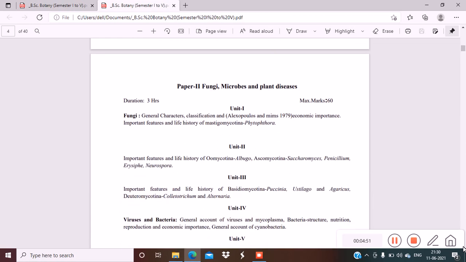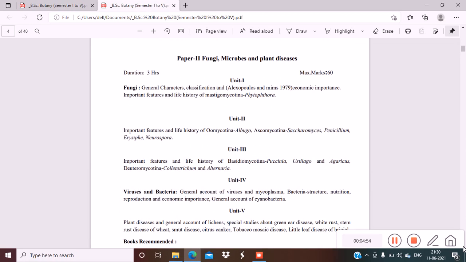The paper 2nd includes fungi, microbes and plant diseases. Unit 1 is fungi, general characters, classification and economic importance, important features and life history of Mastigomycotina, Phytophthora.